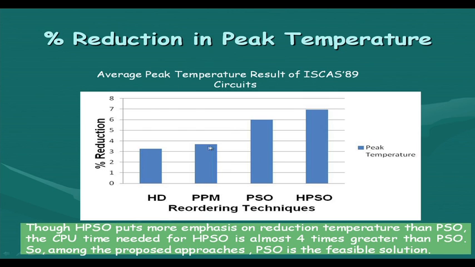This PPM is a peak power minimization process, and that does better than the Hamming distance based approach; here it goes more than 3.5% reduction. This basic PSO with that criticality based blocking factor gives us about 6% minimization, and it is about 7% when we directly integrate the HotSpot thermal simulator with the PSO optimization technique.